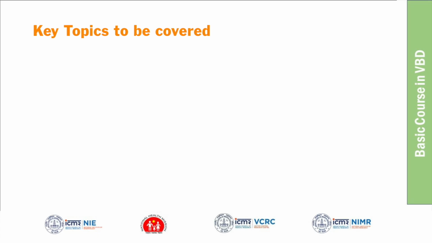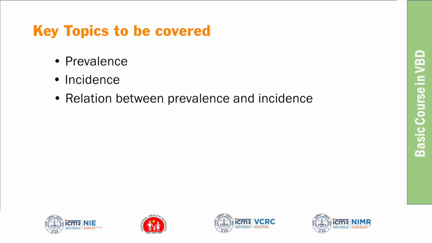I think till this point, we have covered rates, ratios, and proportions. Rates we will be covering slightly later. So the key topics for today's class are to understand what is prevalence, what is incidence, what is the relation between prevalence and incidence, and also a little bit about how to measure death or mortality. So that covers the introduction aspect of my session.